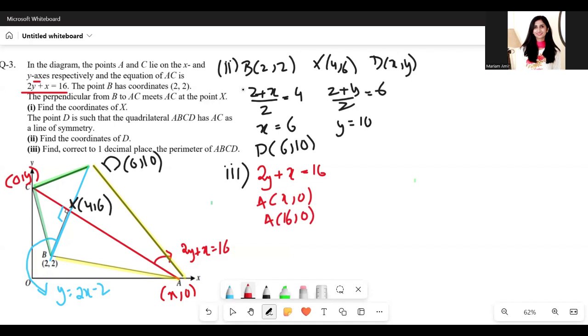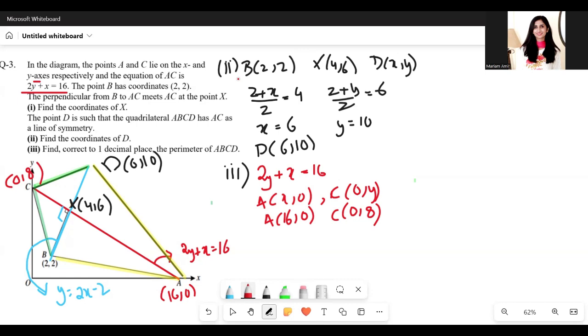And for C, sorry, C is 0, comma y. So if x becomes 0, y is 8. So that gives us 0, comma 8. So now this is 16 and that is 8.